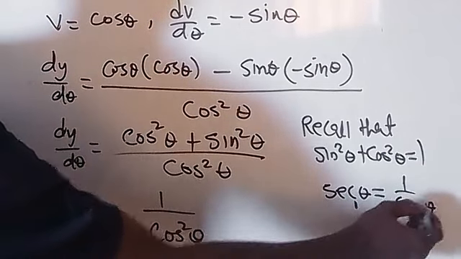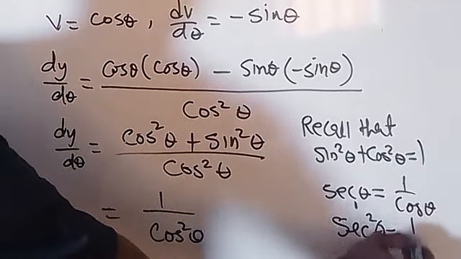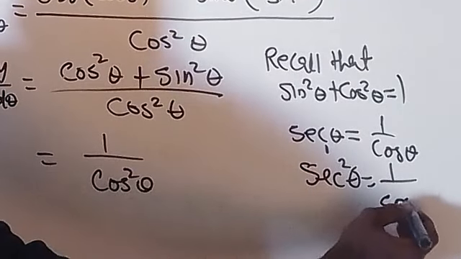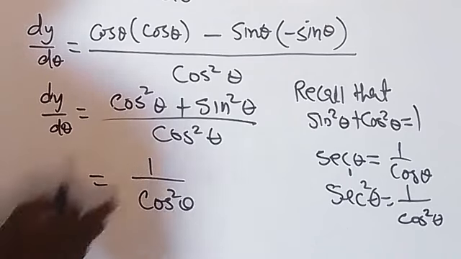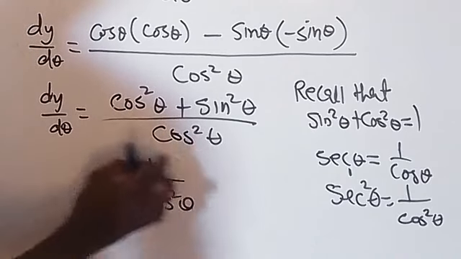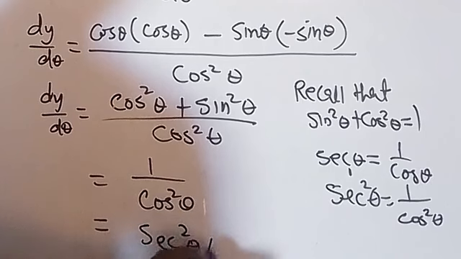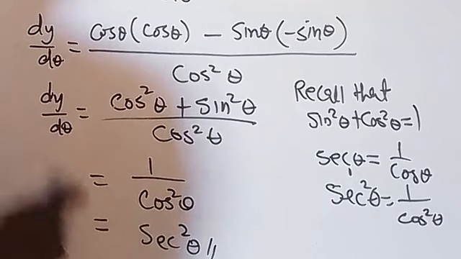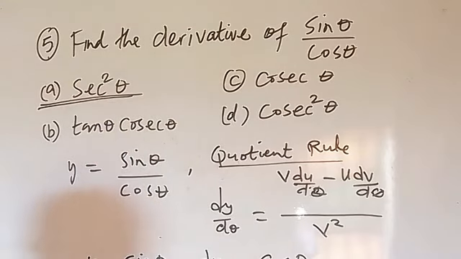So sec theta is 1 over cos theta, and sec squared theta is 1 over cos squared theta. So from here we have 1 over cos squared theta, which gives sec squared theta. So dy d theta is sec squared theta, and that's option A as the solution.